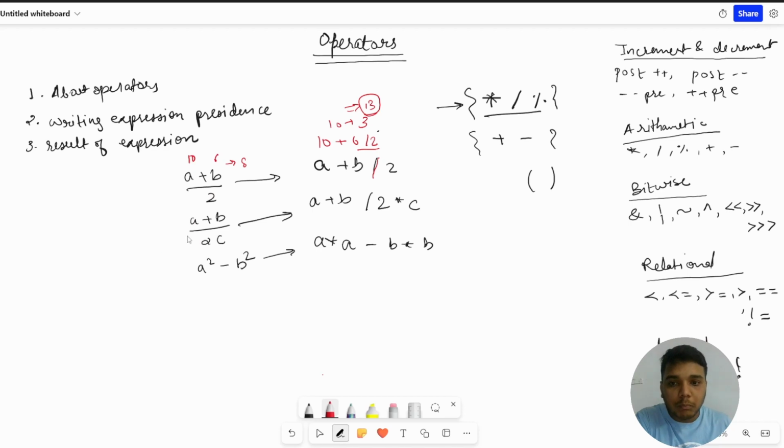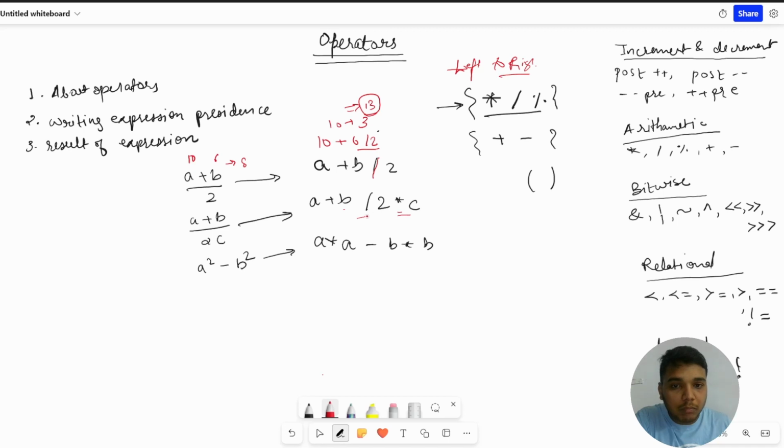In the next example, we can see a plus b divided by 2 into c. But here there are two operators which have equal precedence. So what we can do is that these operators have the left to right associativity property. Whichever comes on the left will operate first, then the right one, if they have the same precedence.